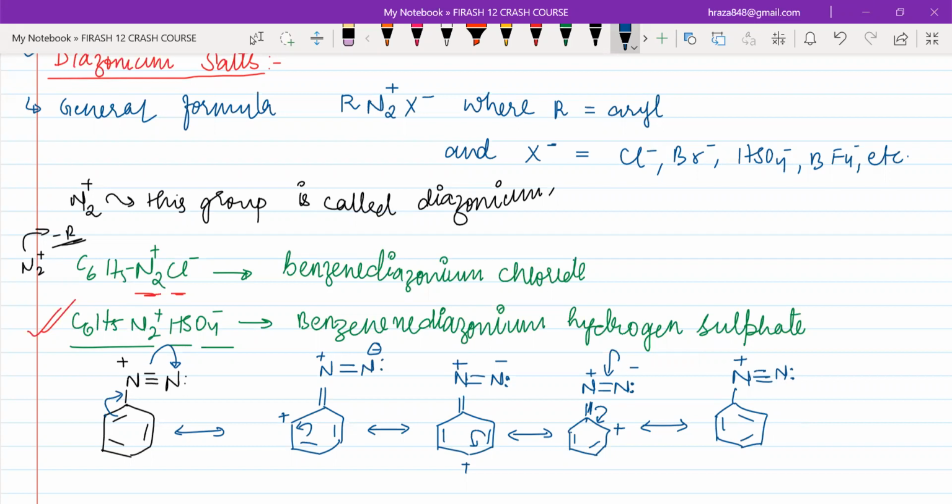Very good. Now we are going to see the methods of preparation of diazonium salts, which is very easy. We have already done it.